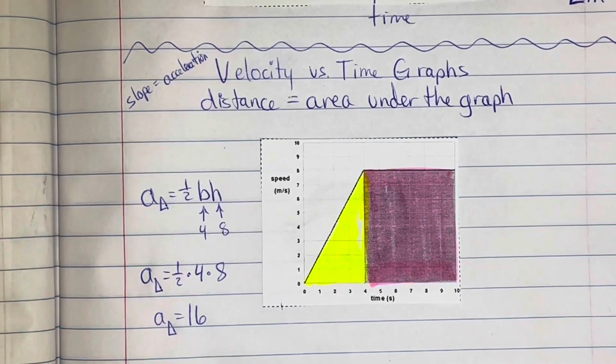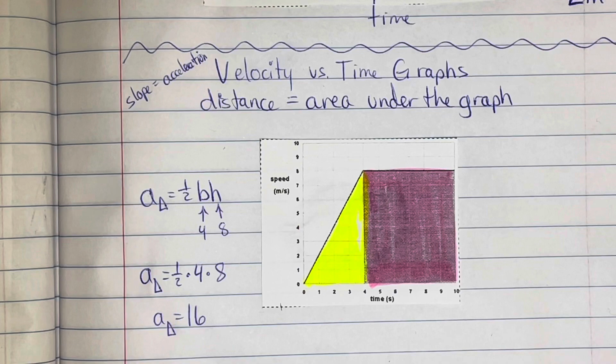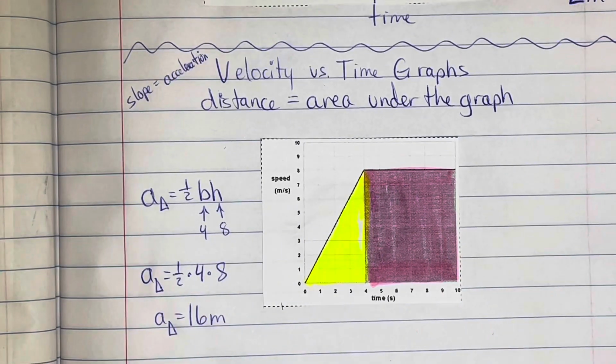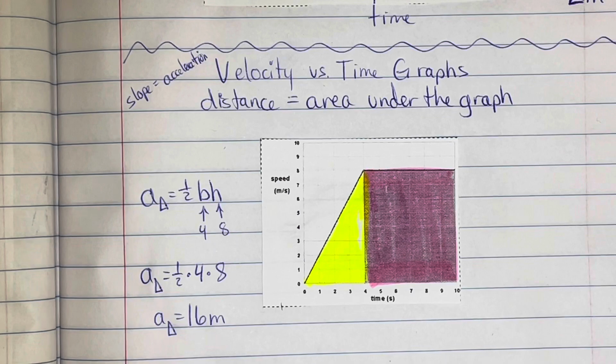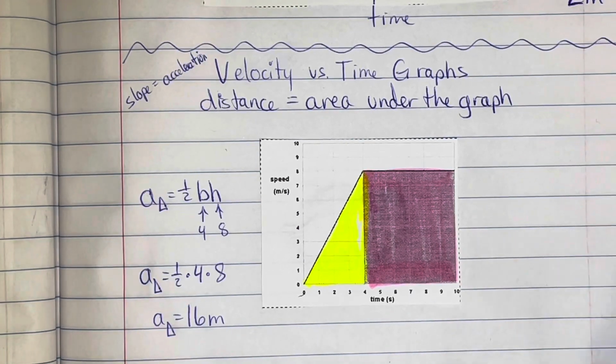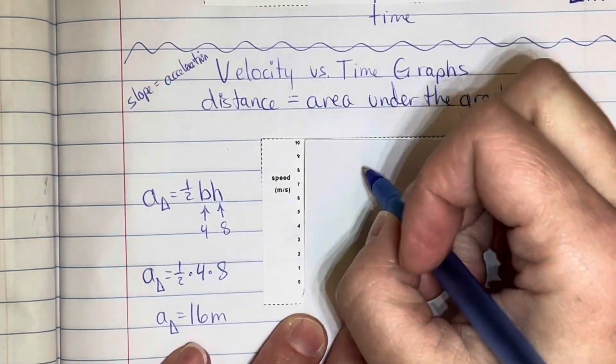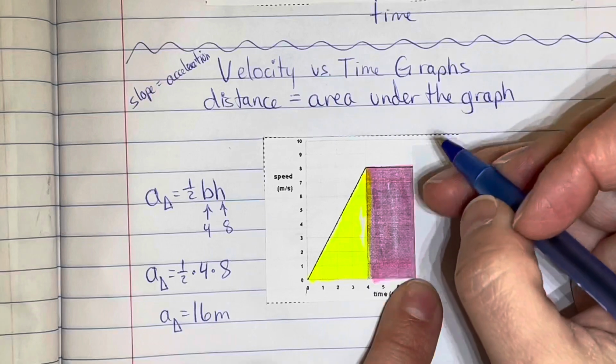Okay? Now, it's 16 meters. I'm going to show you the justification of that here in units. There's this thing in physics where you'll hear the phrase chase the units or follow the units. Okay? We just took the base, which is time in seconds.